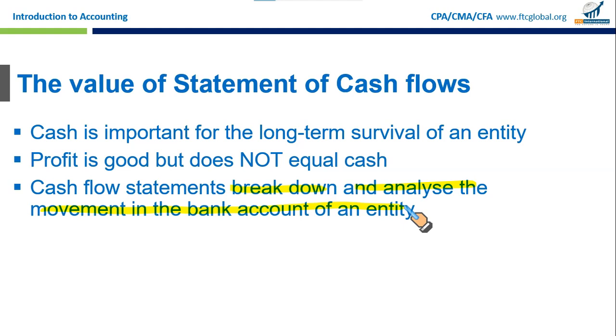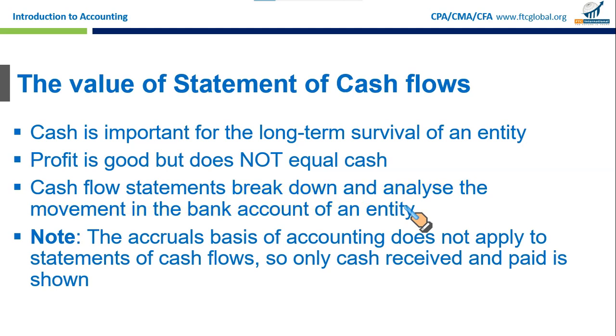So it is useful for assessing the liquidity of the business, solvency and financial flexibility. What is the difference between these terms? Liquidity means how comfortable a business is in meeting its current obligation. Solvency means how comfortable a business is in meeting its long-term obligation. So liquidity is a measure of ease with which the business can settle its current obligation. Solvency is the business ability to meet its long-term obligation, right?